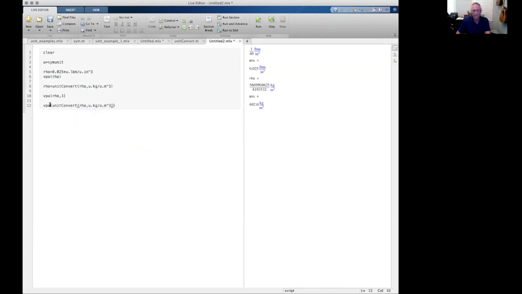All right, and then I want 3 decimal places. All right, put it all into one thing and I get the same answer. Okay, so I just wanted to show you that you can string all these things together. It's a little harder to read that way, but you get pretty fast at doing that.